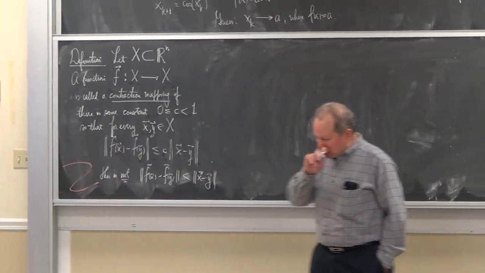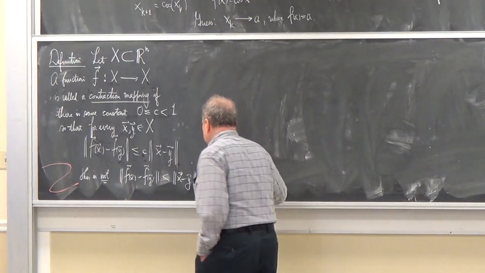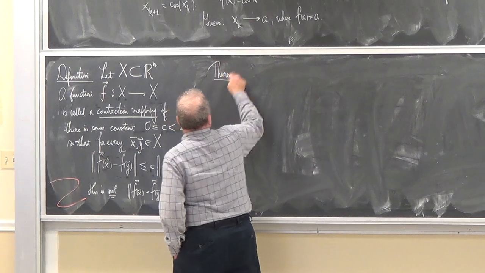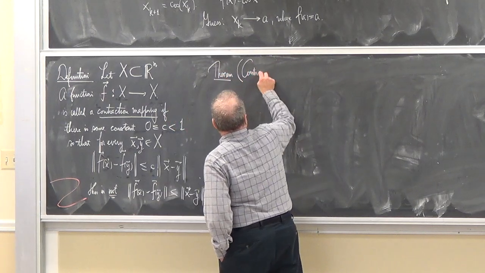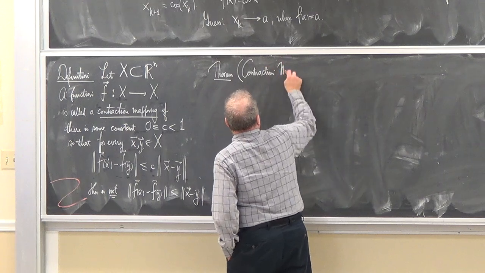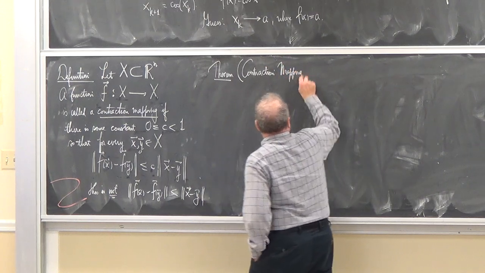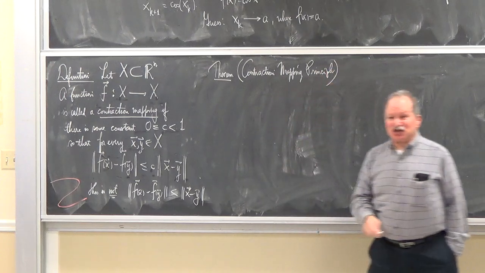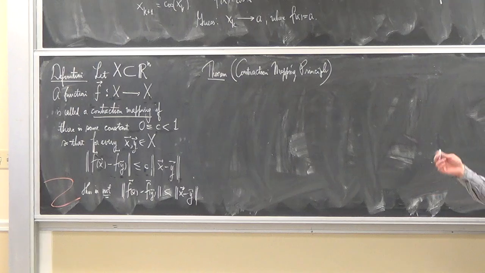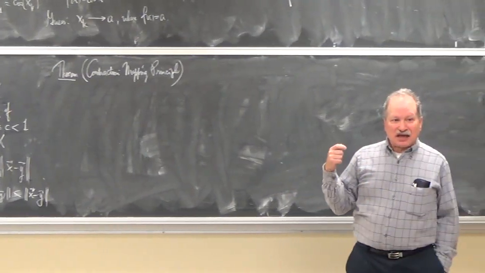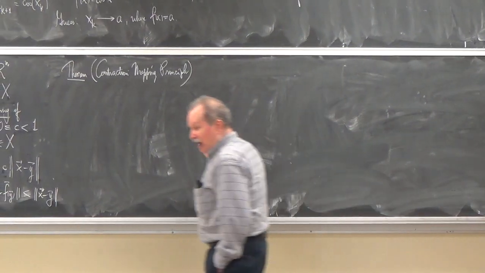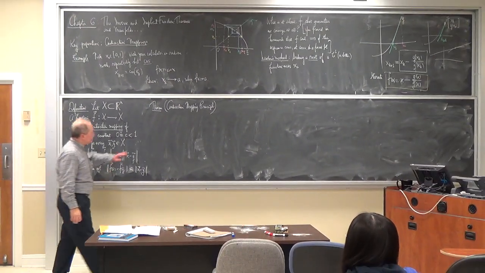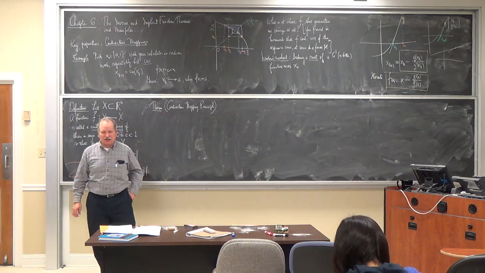Okay, so what is true if you have a contraction mapping? The theorem we're going to prove is called the contraction mapping principle, and this is actually used in infinite dimensional calculus applications all over economics and differential equations theory and physical applications as well. So this is actually a baby version of something that's extremely powerful.